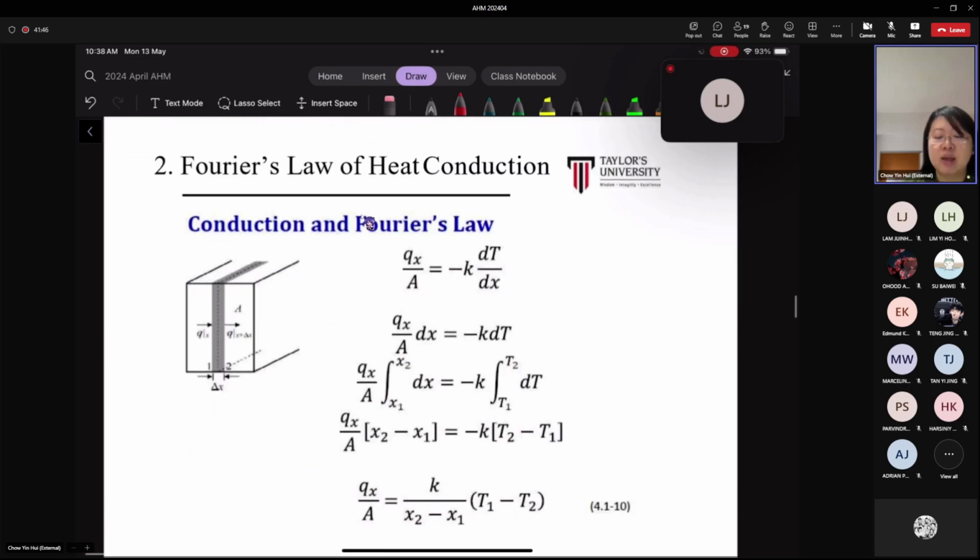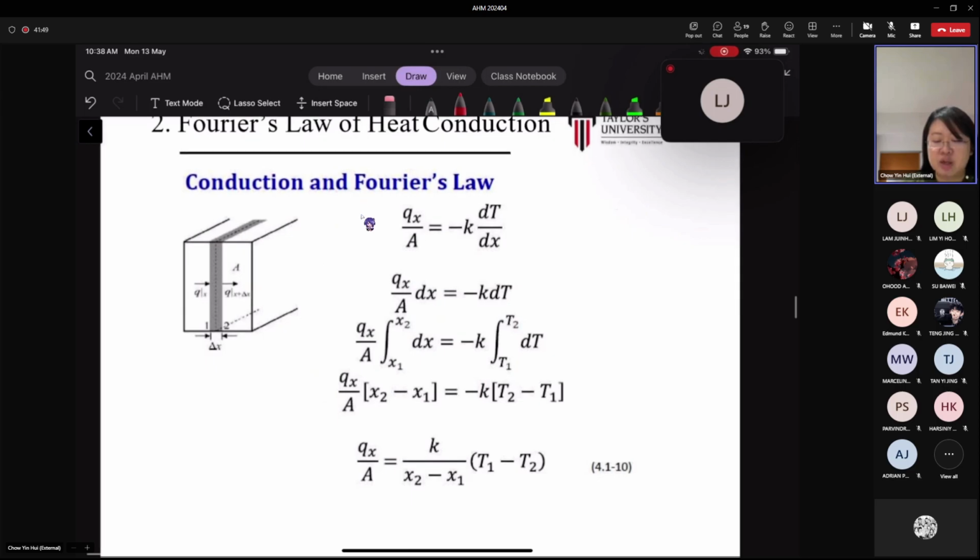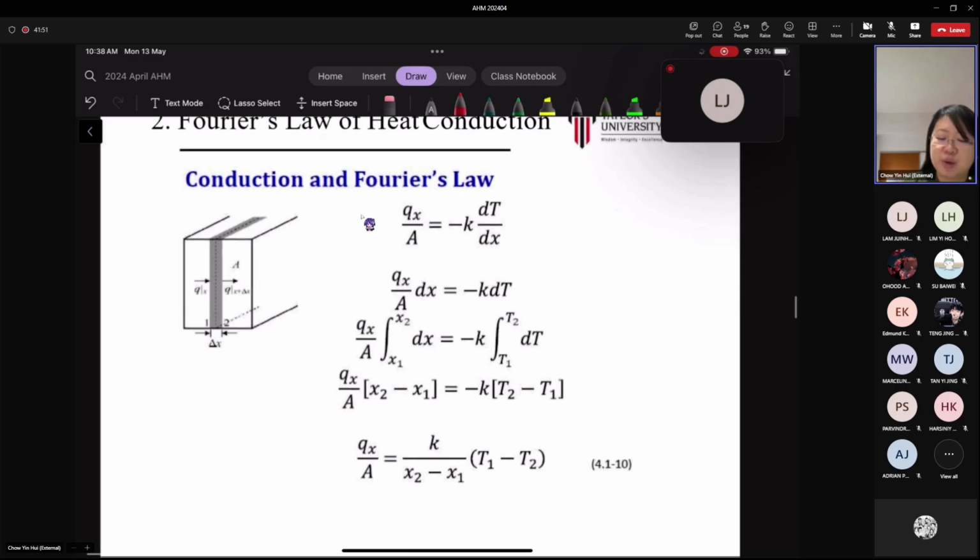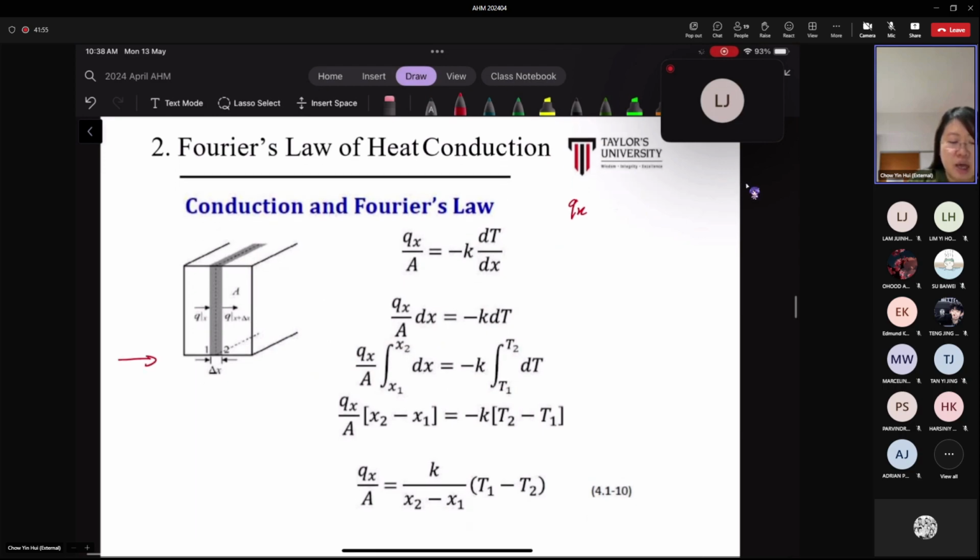When we work with the equation, I'll go through it quickly with you. If you assign the coordinates, we are discussing heat transfer in the x direction. Let's say this surface is at x1, and the second surface is at position x2.